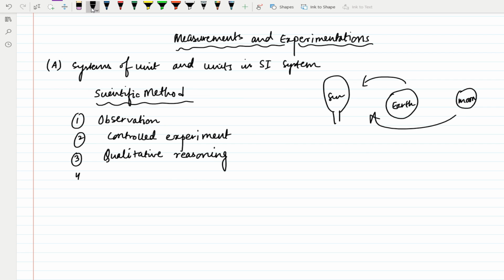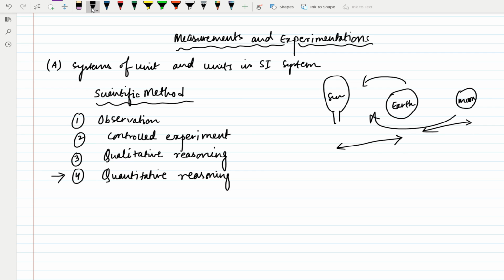The fourth is the one which we will be dealing with, and that is quantitative reasoning. Quantitative reasoning means we'll be doing number based reasoning. Suppose you will try to find out what will happen if we increase the distance between the sun and the earth, or increase the distance between earth and the moon, or decrease the distance.